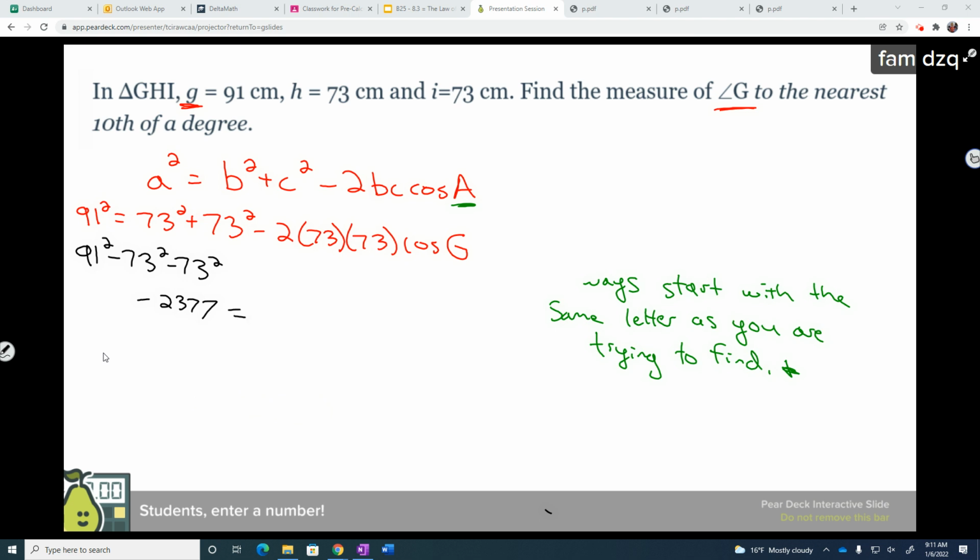Equals, and then I've got all of this and I'm going to multiply 2 times 73 times 73. Negative 106.58. And then we divide both sides by what's attached to the cosine of G.